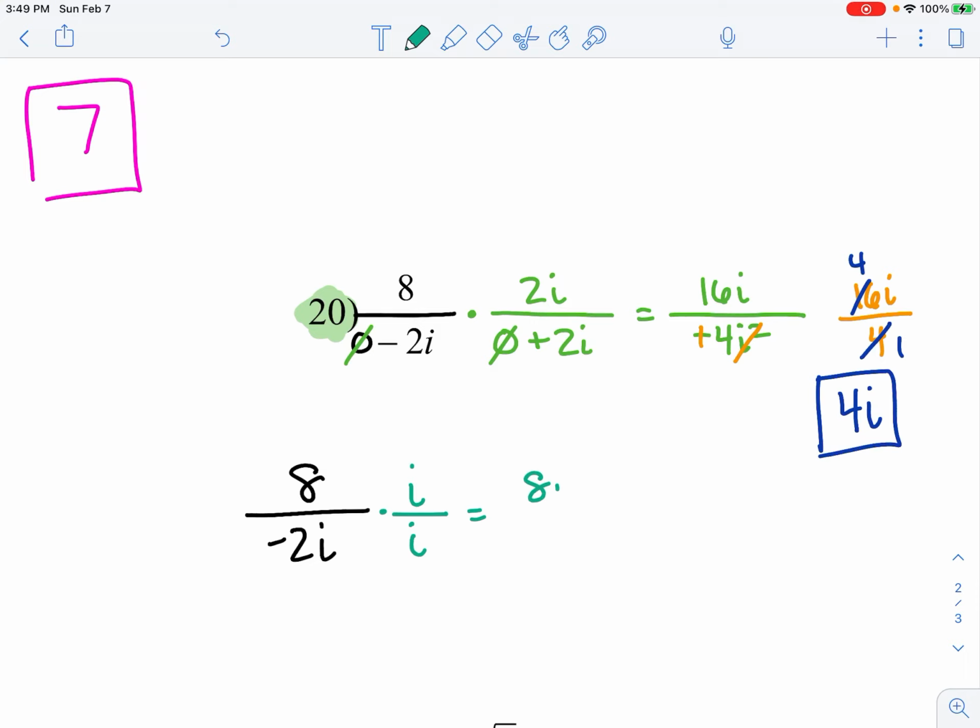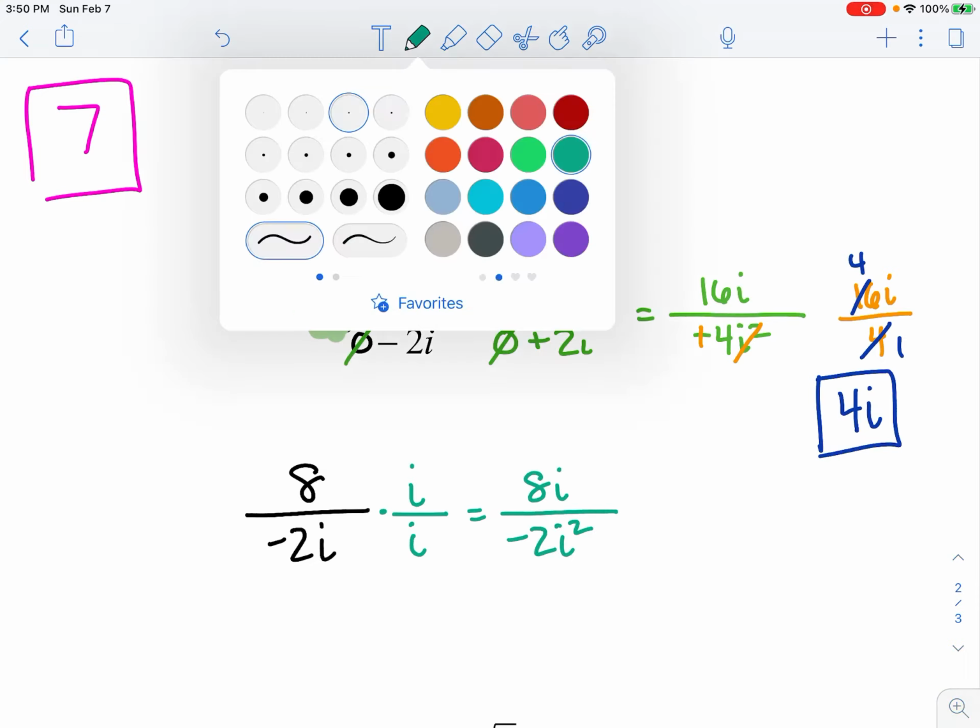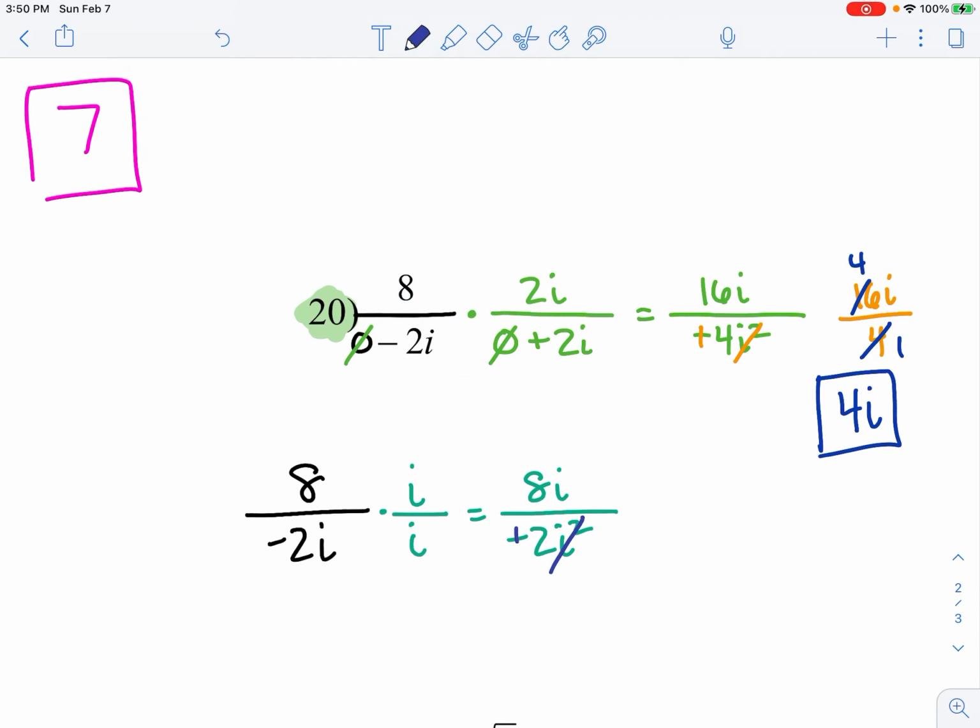That's going to give me 8i over -2i squared. Again, i squared is positive. I get 8i over 2. And again, I can simplify and I can get 4i. I think this way on the bottom is a little bit quicker. However, if you just want a general rule that you can follow, you can always multiply by the conjugate.